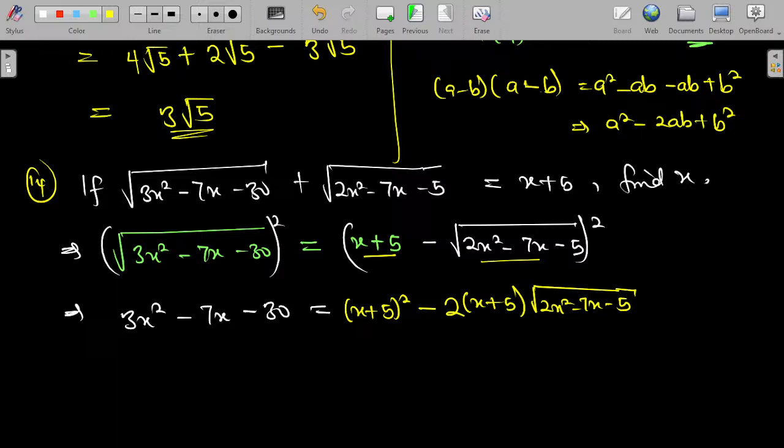Then I have gotten 2ab, so it's remaining b squared. For b squared, that will be the square of this, and of course it is negative, so even if you square it, it will still be positive, and the square will cancel the square root, and so you will just have 2x squared minus 7x minus 5.